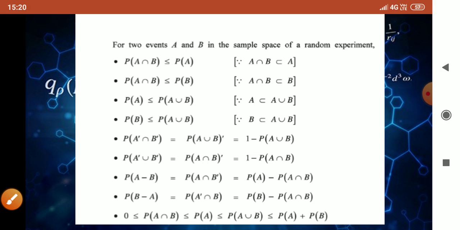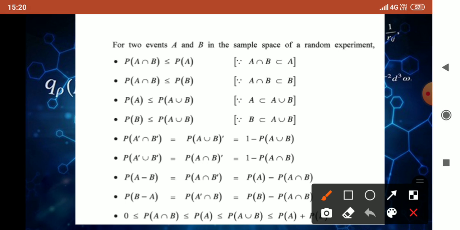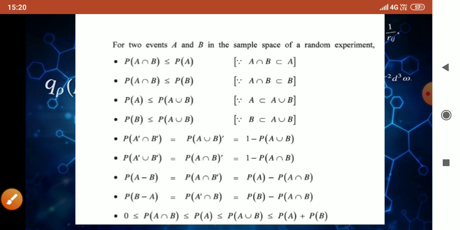Now next, P of A dash intersection B dash equals P of A union B whole dash, which is equal to 1 minus P of A union B. These all things you have to learn. These all are the results which you have to accept without proof.